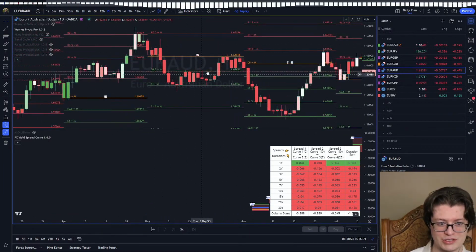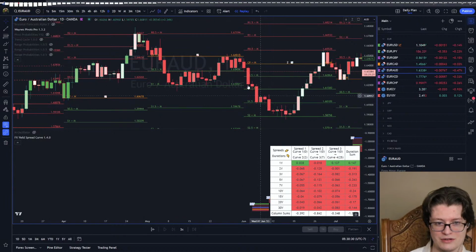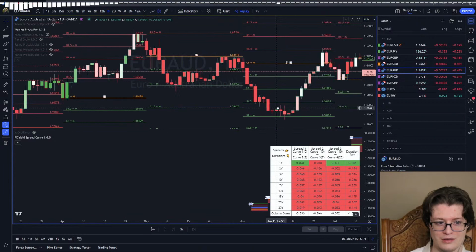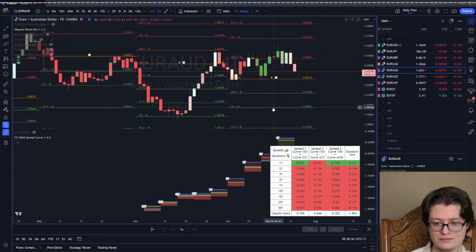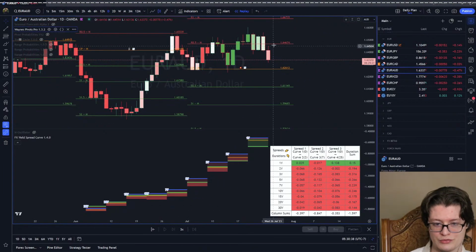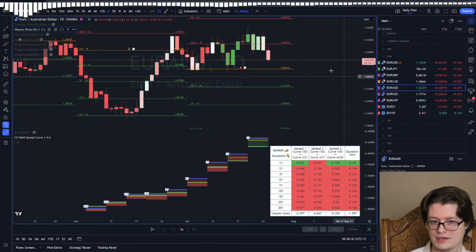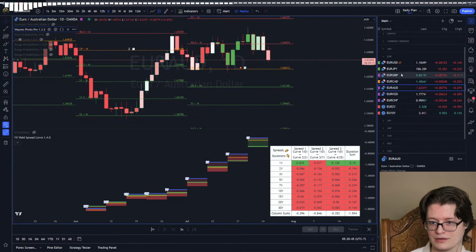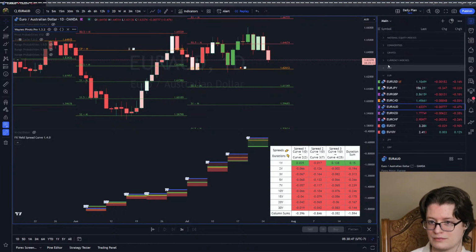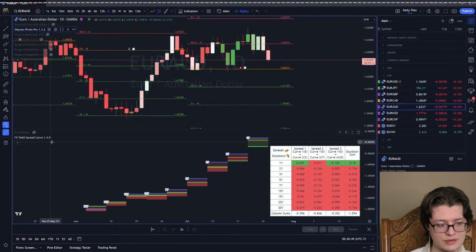Dude, look, it kept you short that whole time here on Euro Aussie. Oh man. And it's just starting to get short right now. So Aussie might be outperforming Euro here relatively soon.